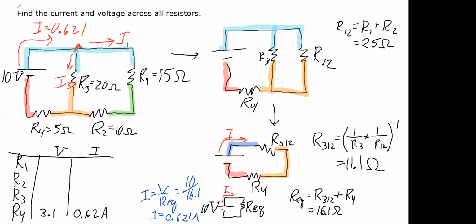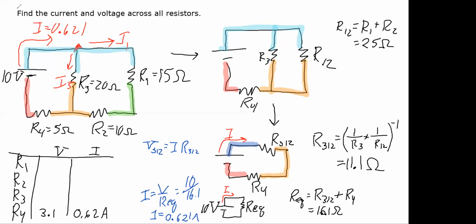Let's see if hopefully I have enough space here. The voltage for 312 is just going to be the current going through 312 times the resistance of 312. We know the current is 0.621, that's what we calculated earlier.